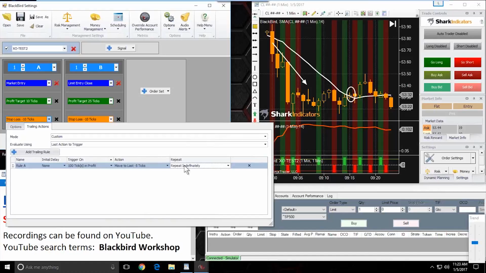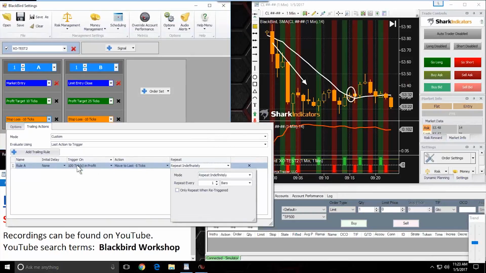But then if we look at our repeat, if we have our repeat set to bars, then the repeats afterwards, so the second, third, fourth, and fifth time, those are going to evaluate on a bar by bar basis, right? So the repeat sometimes can change how things are evaluated, right?